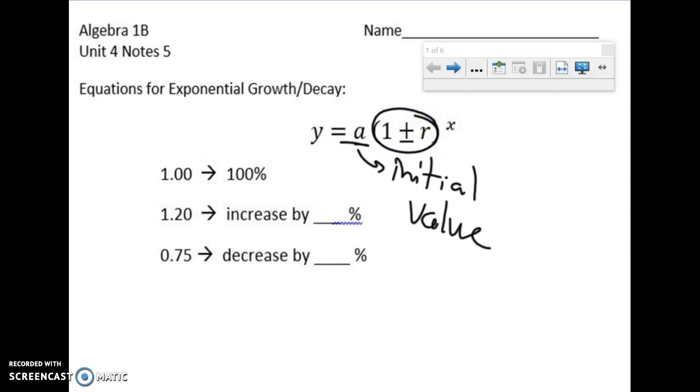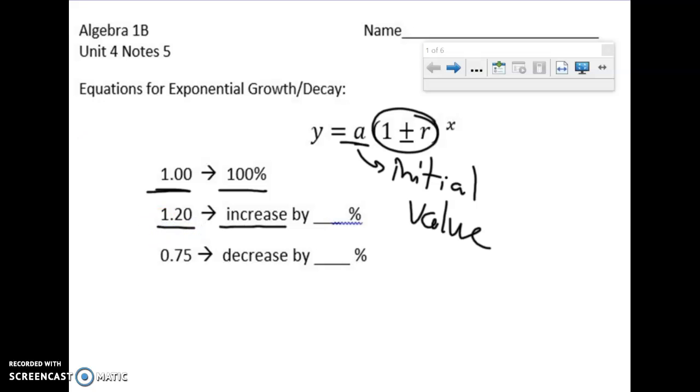the multiplying factor, we always think of that as a number compared to 1. And then how much bigger or smaller than it is tells us how much it's increased and how much it's decreased. So one whole thing is always 100%. Now, 1.20 would be an increase because this number is greater than 1, which we've talked about.